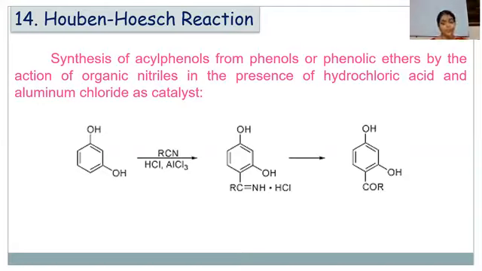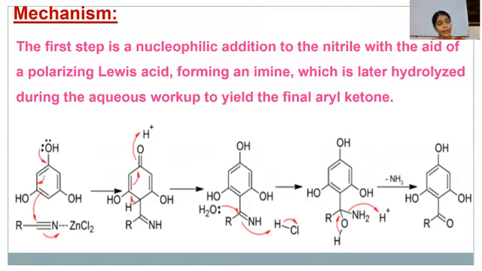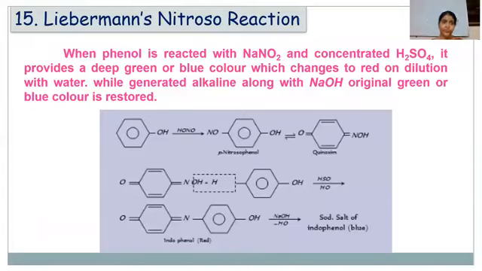Same in the first step, there is the formation of an imine intermediate, and the imine intermediate after hydrolysis is converted into phenolic ketones. This is the mechanism. In the first step, a nucleophilic addition to the nitrile with a polarizing Lewis acid forms an imine, which is later hydrolyzed during the aqueous hydrolysis to form a final aryl ketone.